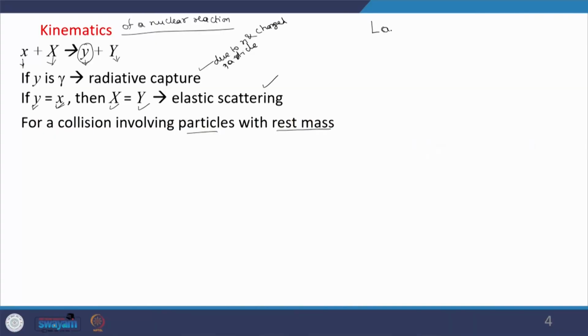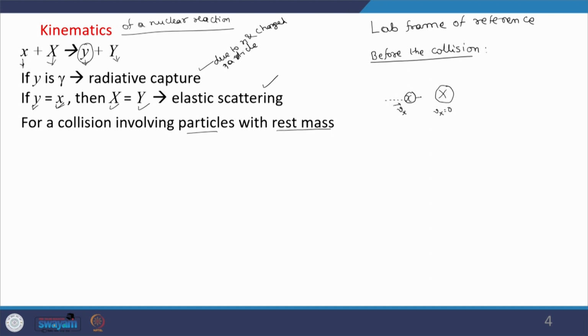All right. In the lab frame of reference or lab system, before the collision, consider the projectile which is moving with velocity Vx, which is a vector, and because in the laboratory frame of reference the target nucleus is at rest, Vx capital is equal to 0.